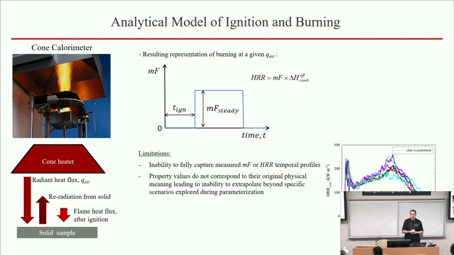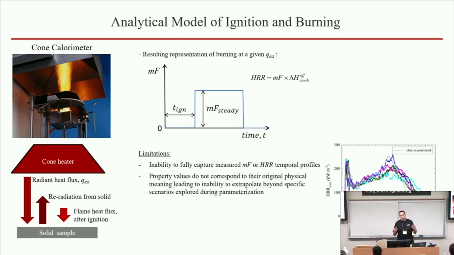Beyond that, the challenge with this model is that in formulating this analytical expression, we tend to make very strong approximations of the actual physical reality, starting with the assumption that material ignites at a prescribed temperature. When you parameterize this model through this analysis, you end up with values of these properties that do not really match their physical definitions.